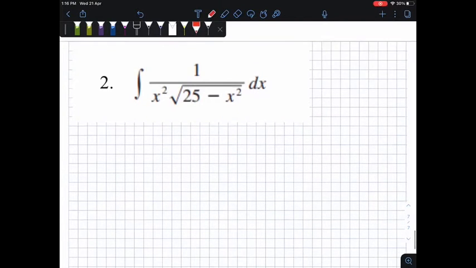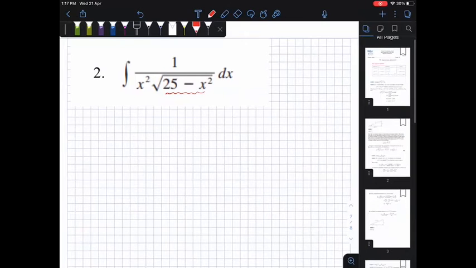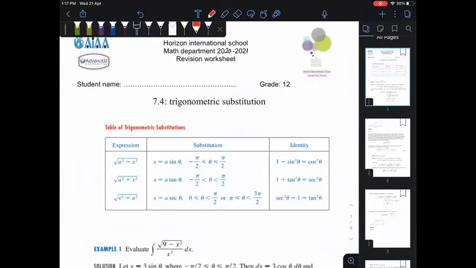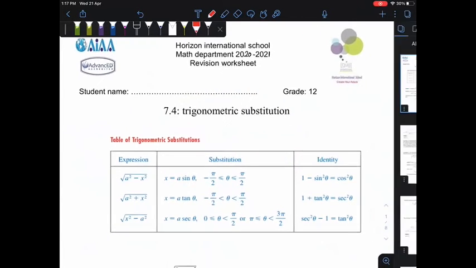Integral of 1 over x squared root 25 minus x squared. So when you see 25 minus x squared, you have to search in the table in the first slide. You have to check this table here, which one is a squared minus x squared. The first one, yeah, so the good substitution here is x equals a sine theta.